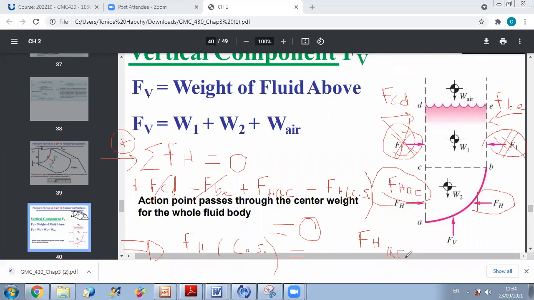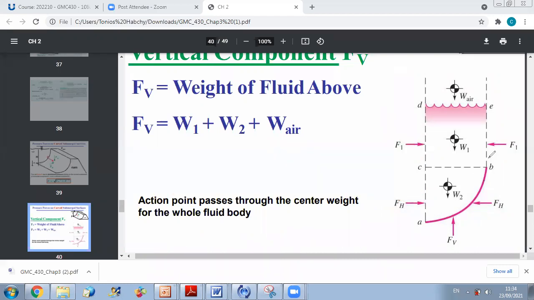So what can I say now? I can say that the force of the curved surface in the horizontal direction is equivalent to the horizontal force on area AC. So area AC will be determined by this length and by the depth. So you have a certain depth. Consider you have a constant depth here. Then what will happen? The force exerted on the curved area, so here you have a curved area.